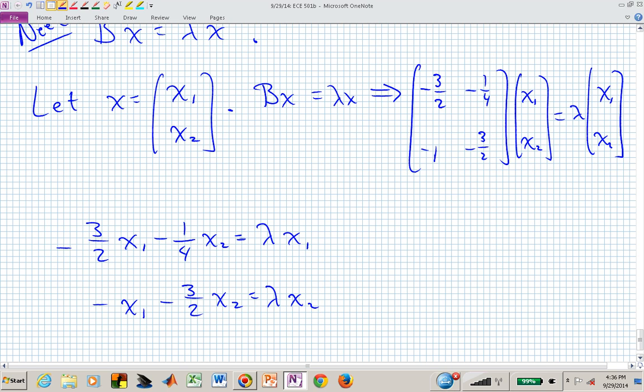We now have two equations in these two unknowns, x1 and x2, the coordinates of our eigenvector, and we want to see, is there a lambda or are there lambdas that will allow us to satisfy these equations for values of x1 and x2.